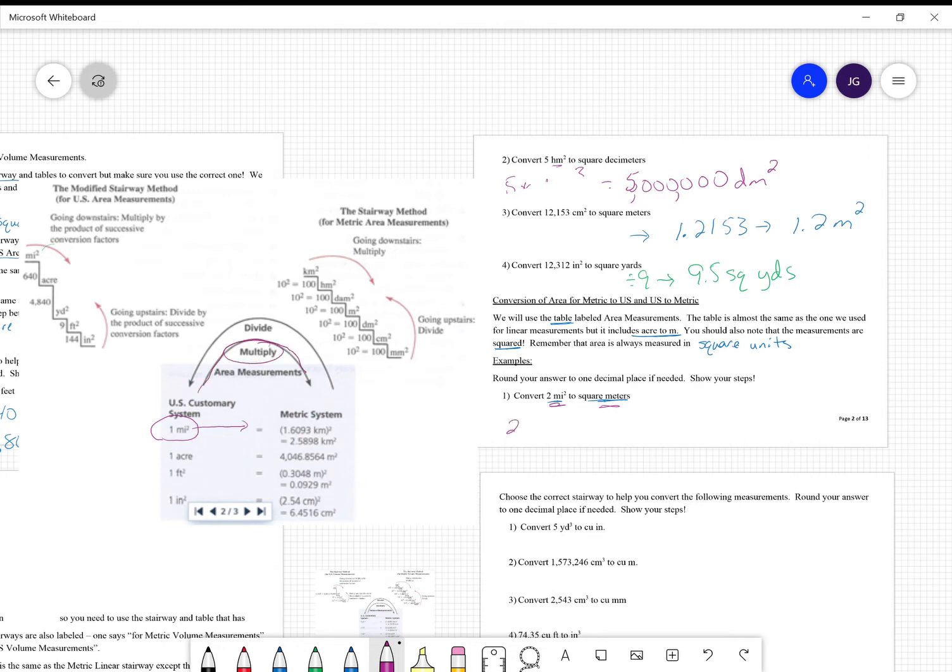So I'm going to take 2 times the number in my chart. Now I can do 1.6093 squared, or they give me that value, 2.5898, which gets me to kilometers squared. So now I'm going to go to the steps, because I don't want kilometers, I want meters.